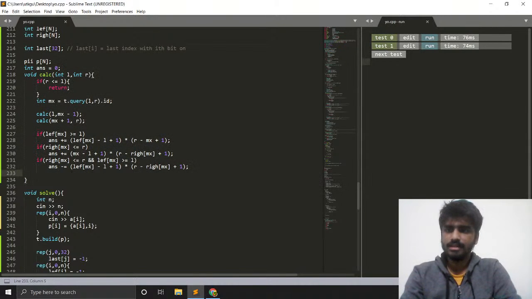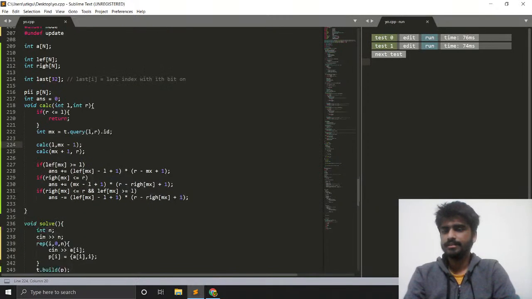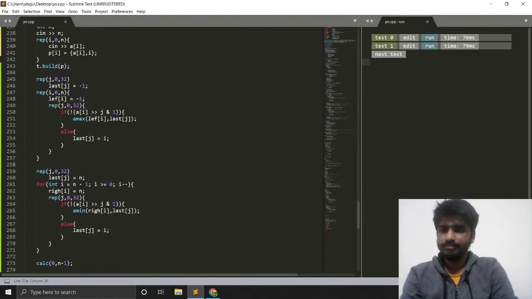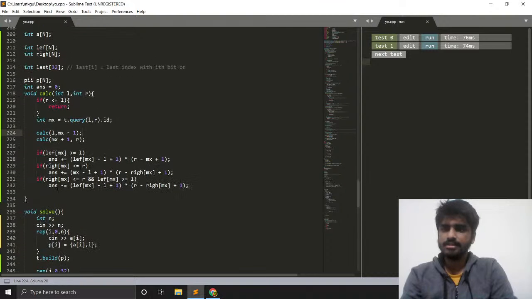So let's just check a few other things. This is definitely O of n because at each step I'm decreasing the width by 1, so it cannot be more than the width. Maybe this recursion is taking too much memory.